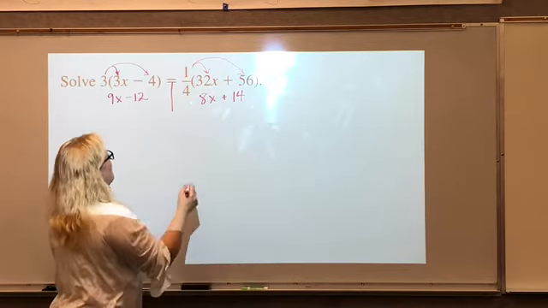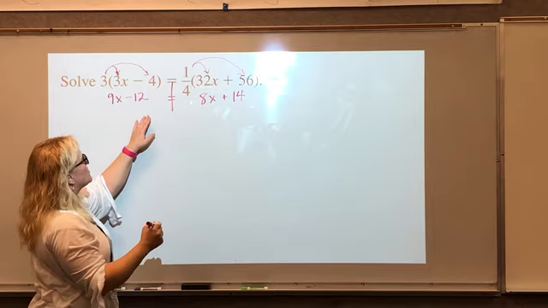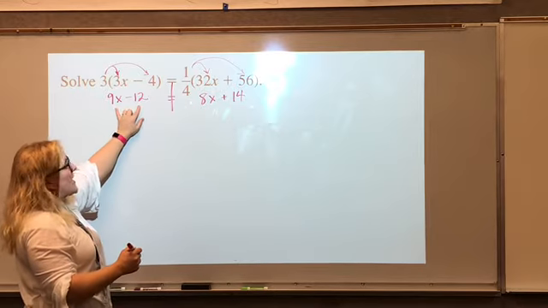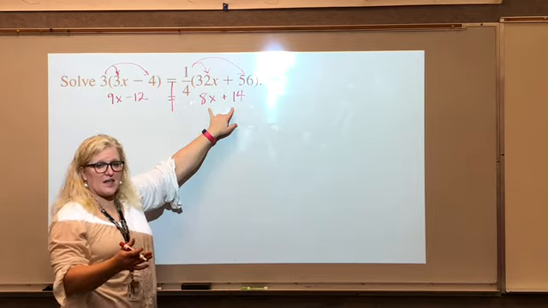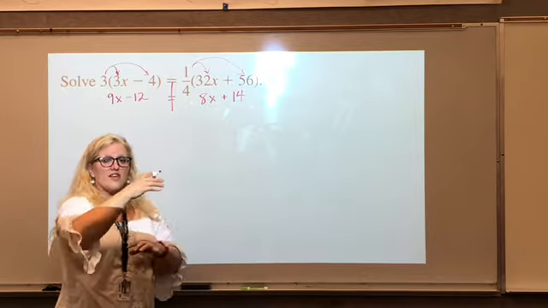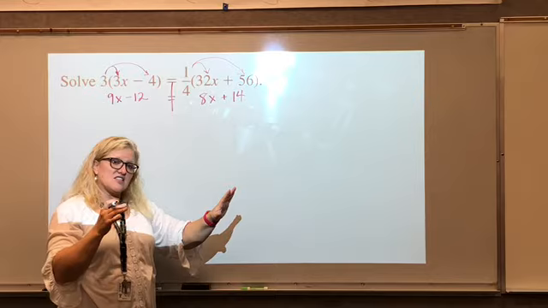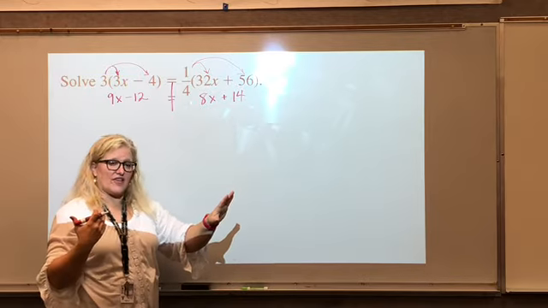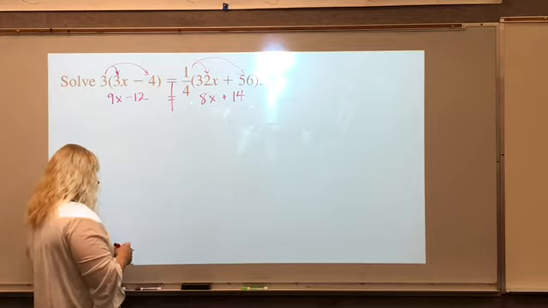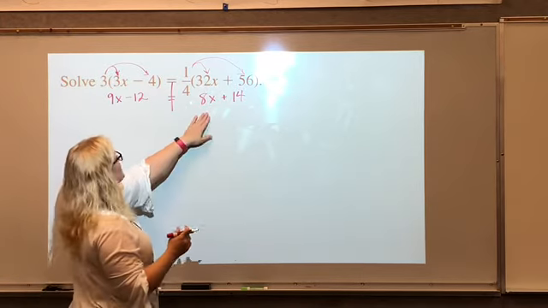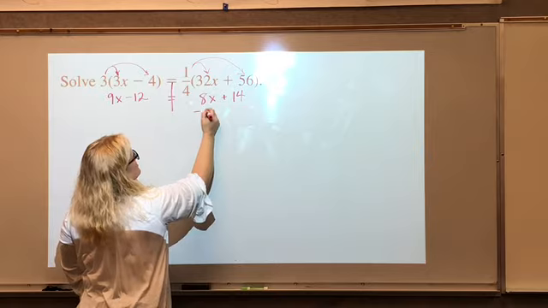Okay, so now I look, I have these two things equal to each other. This is as simplified as it can be. This is as simplified as it can be. So now we start moving terms around to get the x's on one side and the constants on the other. All right, so I think what I'm going to do is I am going to subtract 8x from both sides.